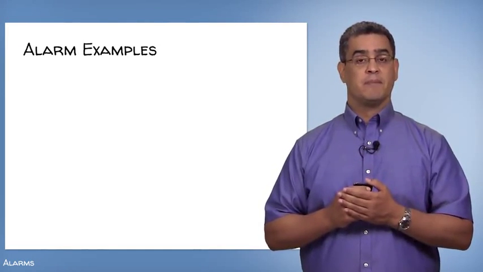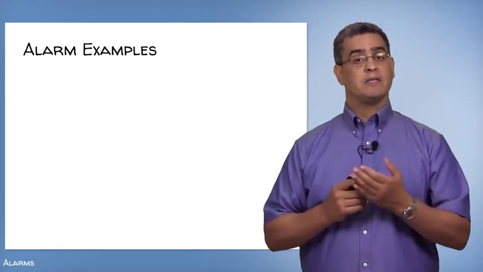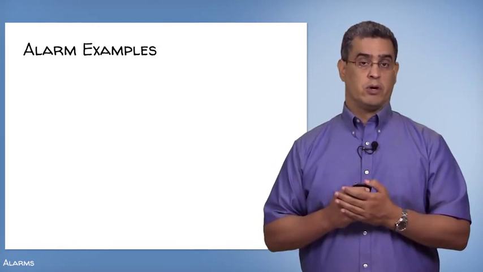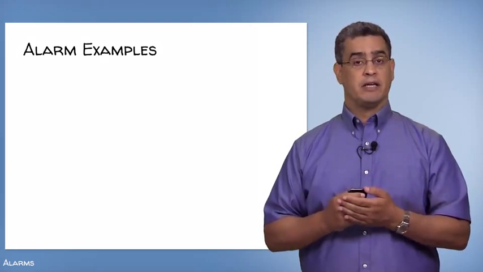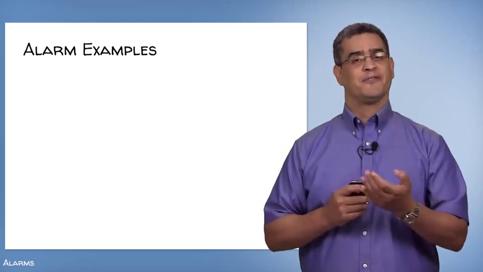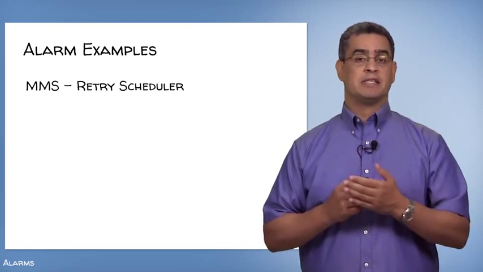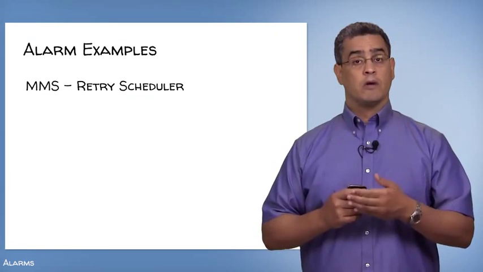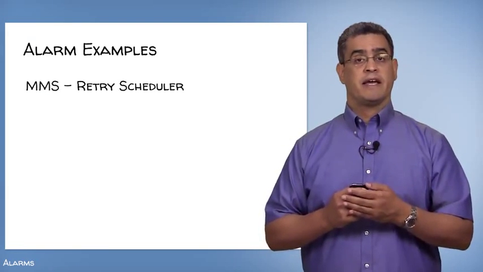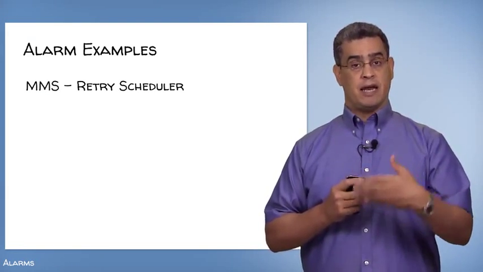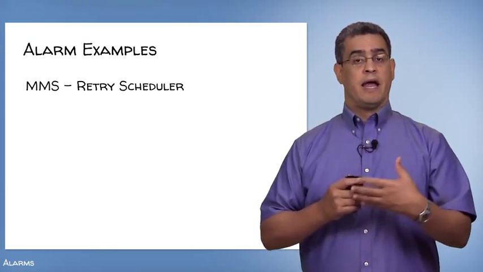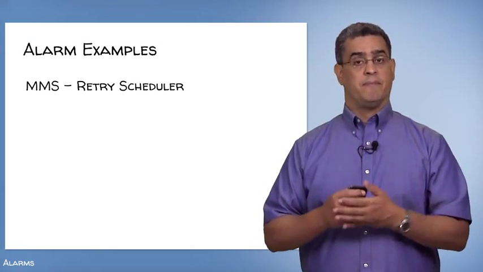To give you some examples of alarms, the other day I was digging through some Android source code and came across several applications that use alarms. For instance, the MMS messaging application uses alarms to start a service that can find MMS messages that haven't been delivered and can try again to deliver them.